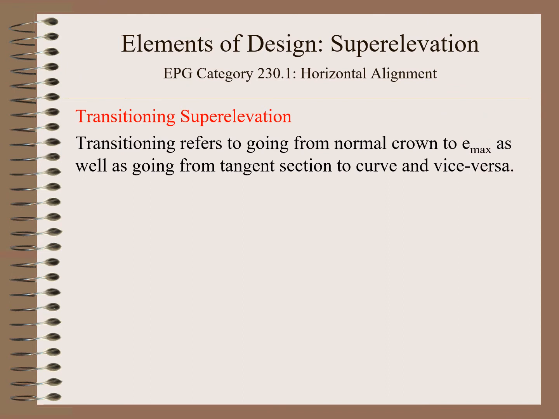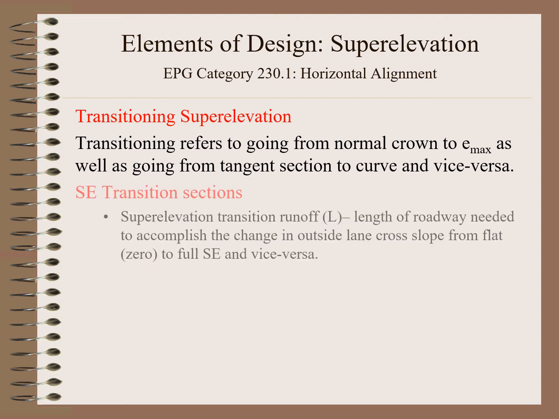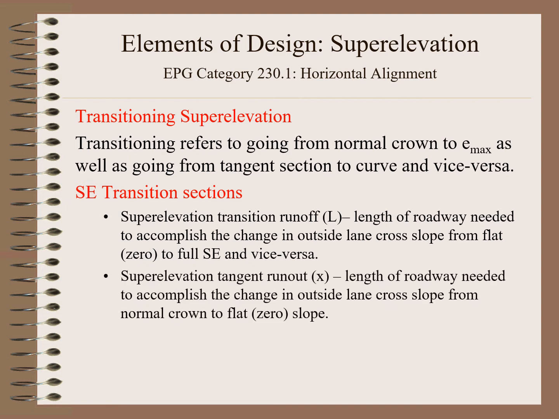Transitioning superelevation. Transitioning refers to going from normal crown to Emax, as well as going from tangent section to curve and vice versa. The superelevation transition sections include a superelevation transition runoff and a superelevation tangent runout.